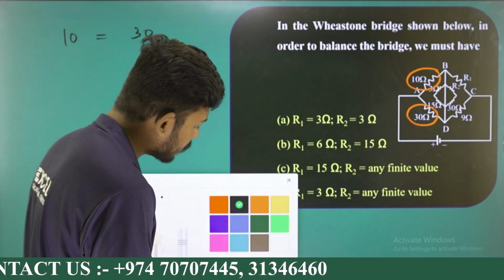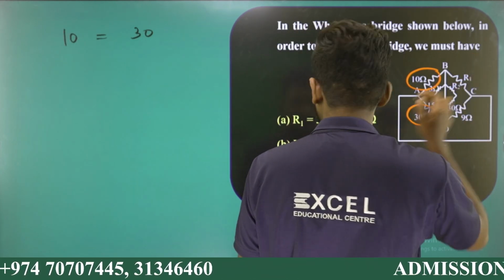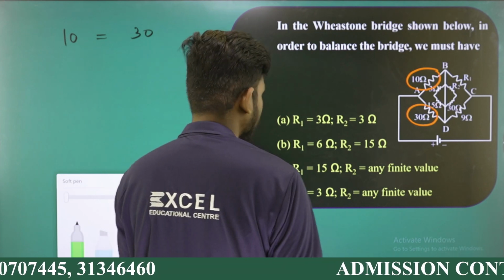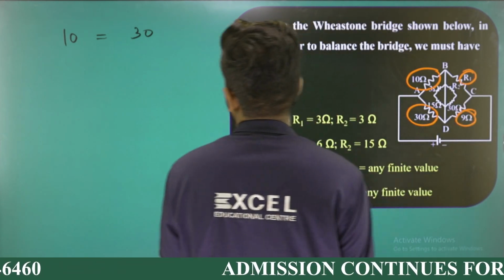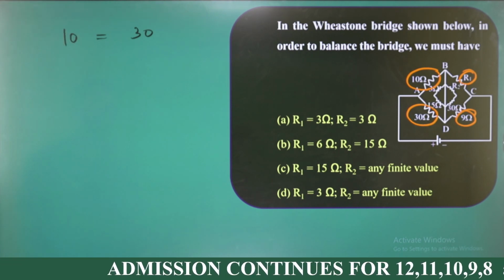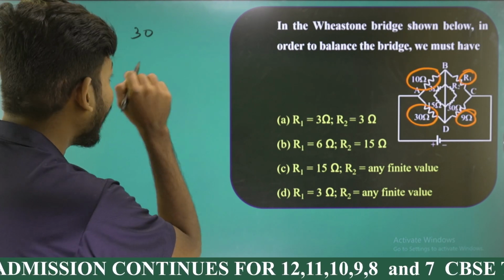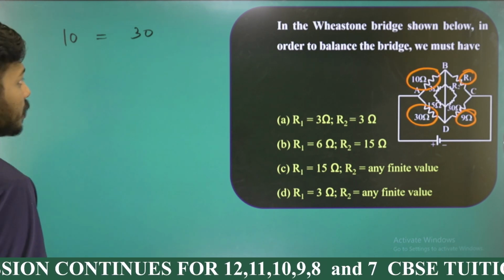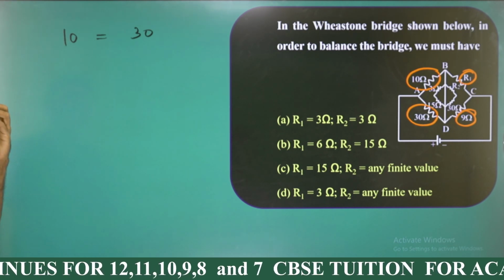Applying the same concept on the other arm, these two potentials will be exactly the same. Which potentials? R and 9 should be exactly the same.